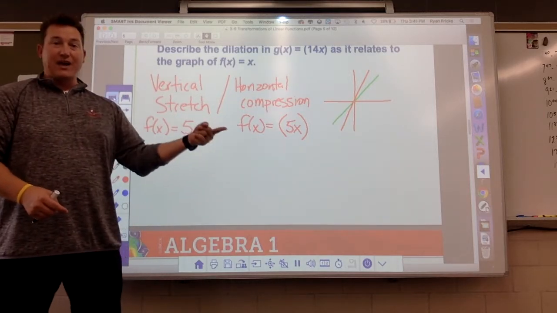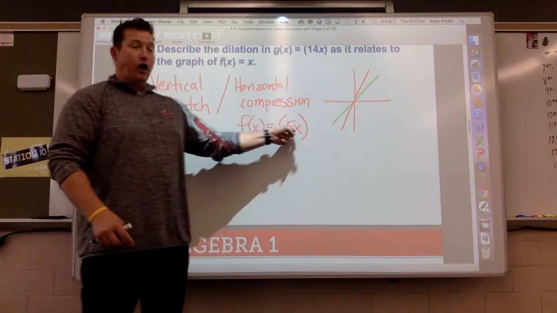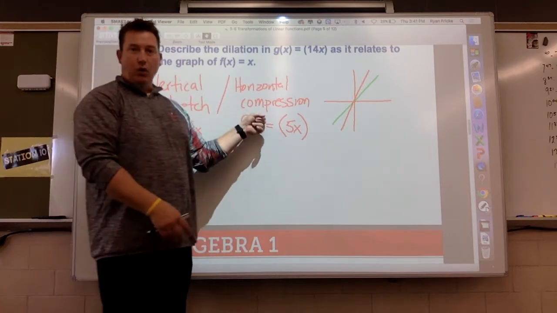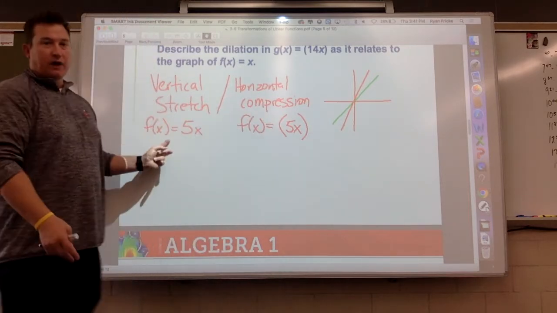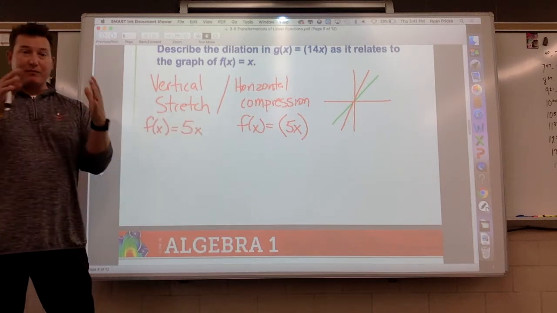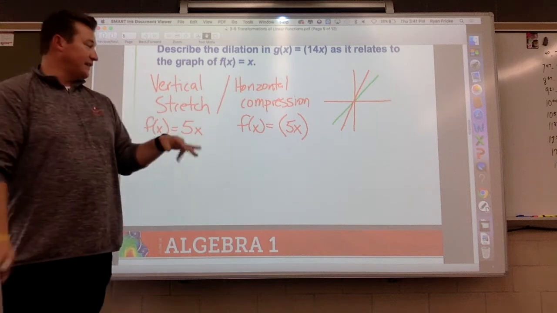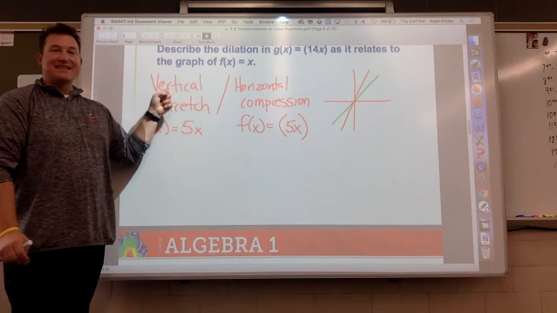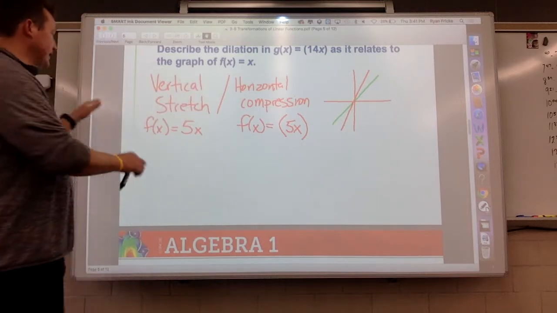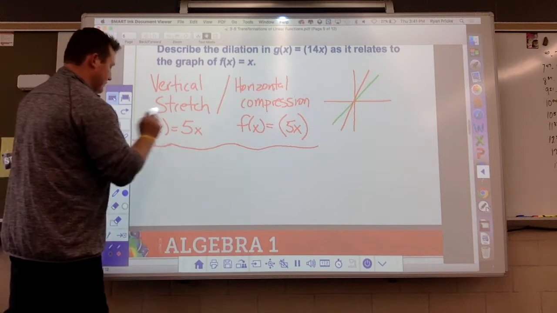If we have parentheses around our x, our input, then we're going to use this horizontal compression, right? Other way, if we have, hey, we're just multiplying this input by 5. Again, I know they look a lot alike. I know they sound a lot alike. If we see this, this is a vertical stretch, okay? All right, so there's 1/2 of this. Awesome.